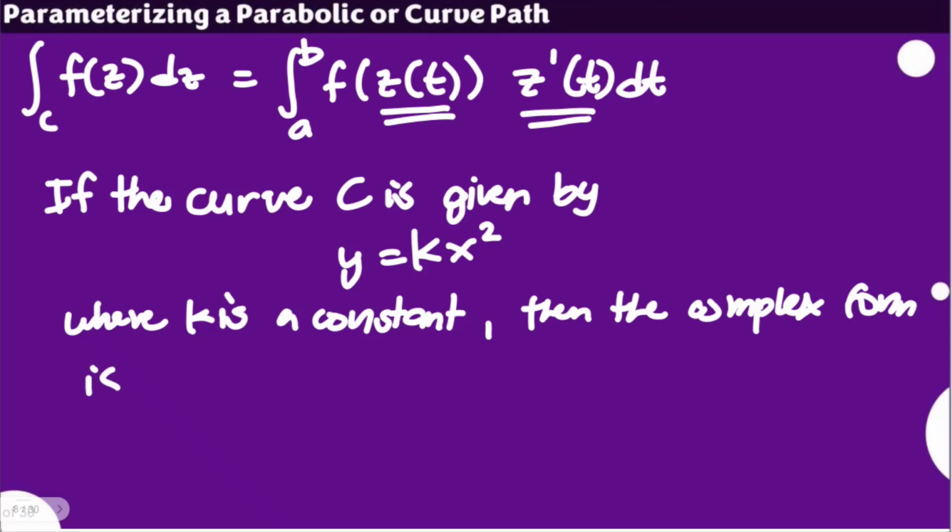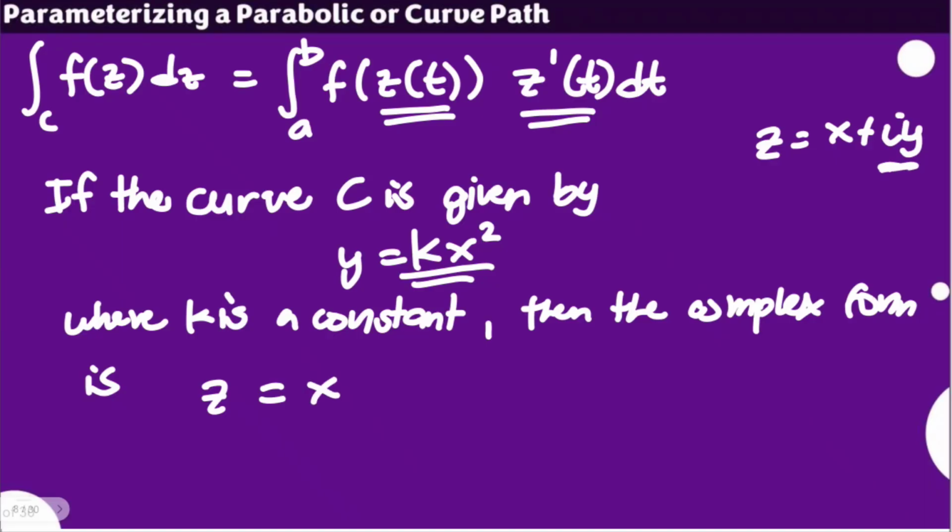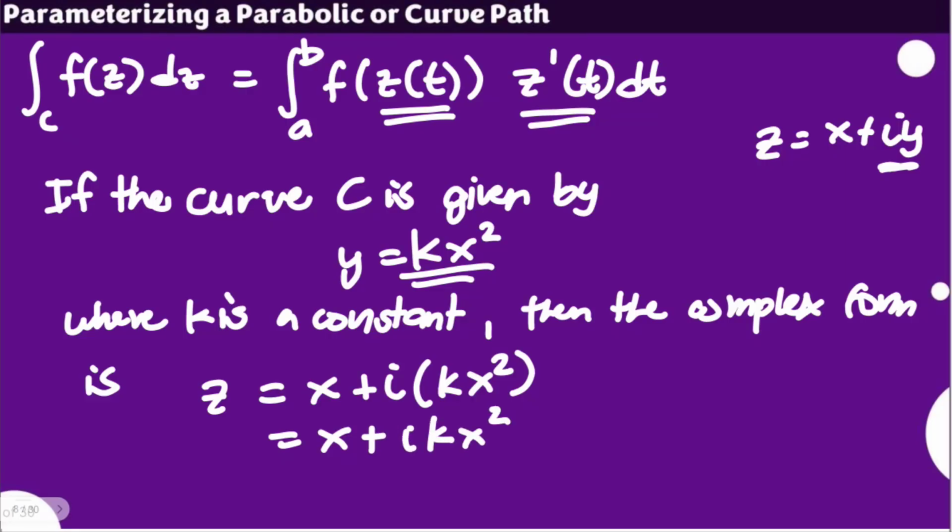is, we know that originally our z is identified as x plus iy, but since y is equal to kx squared, z becomes x plus i times kx squared, which gives us x plus ik x squared.